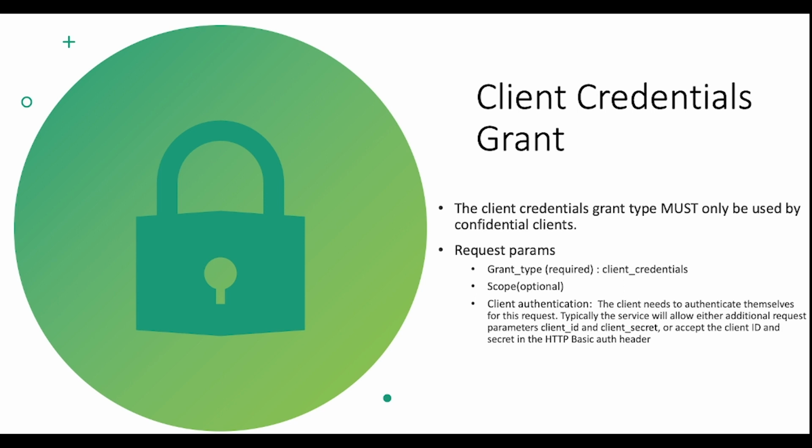The client ID and client secret will be used for authentication, and the client will authenticate itself and request the access token from the authorization server using the client ID and client secret. The only required request parameter to get the access token is the grant type, and it should be client credentials. You can also send the scopes that you want for the access token.